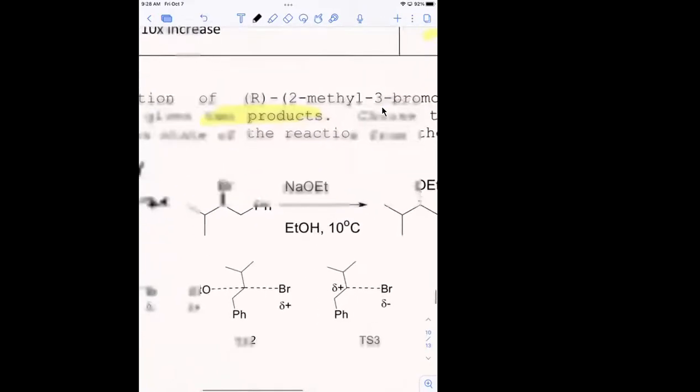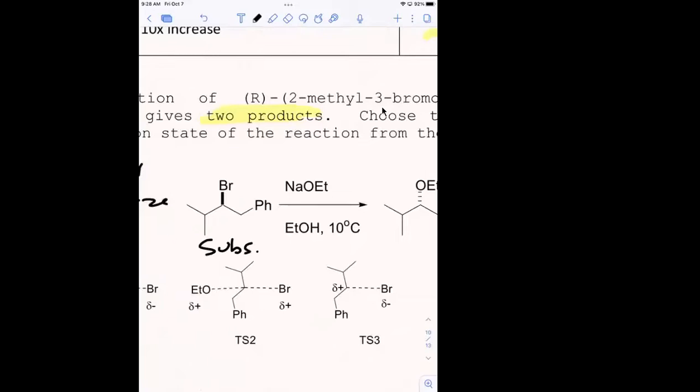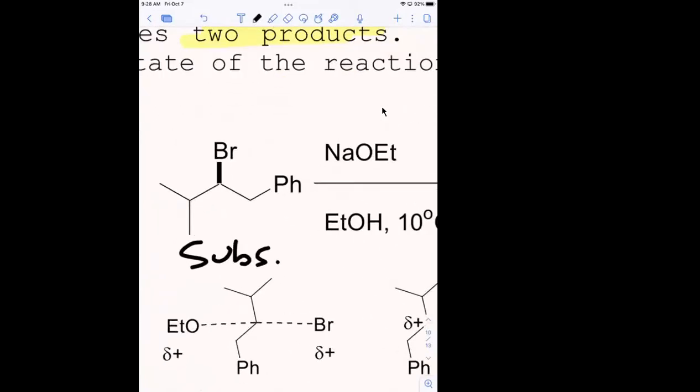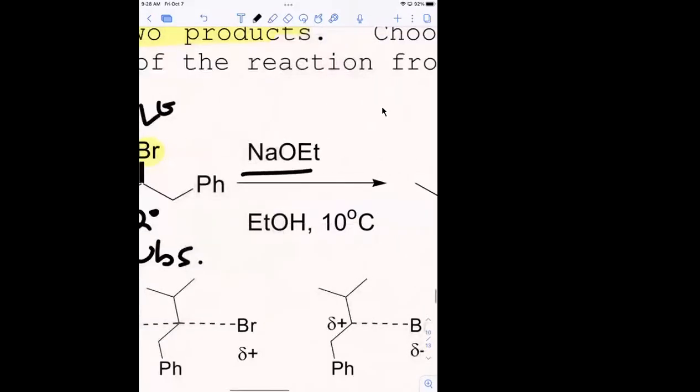So we have the substrate. When we identify the substrate, what we're looking for is: is it primary, secondary, or tertiary? So our substrate is secondary. This is our leaving group, actually a very good leaving group. This is my nucleophile.